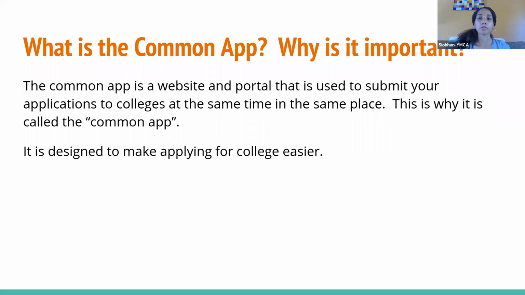Or if you're interested in a school for arts or music or something like that, it may ask for some sort of sample like that. But essentially, you can get your application sent to multiple schools in one application. So that's why it's called the Common App, and it's designed to make applying for college easier.